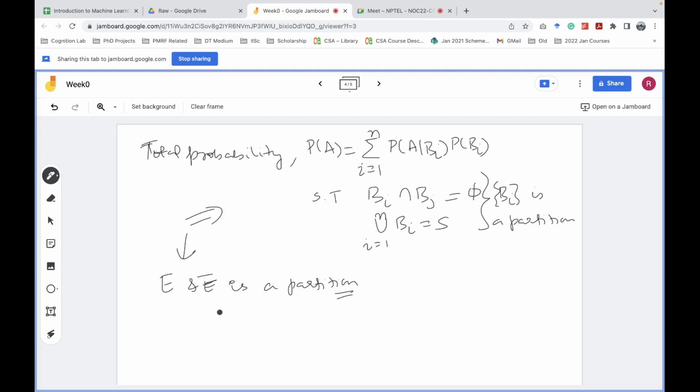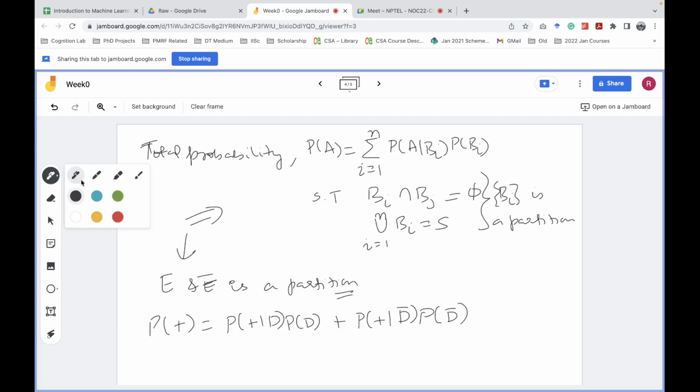So now I can write probability of plus as P of plus given D into probability of D plus P of plus given D bar into probability of D bar. Here D and D bar form your partition.